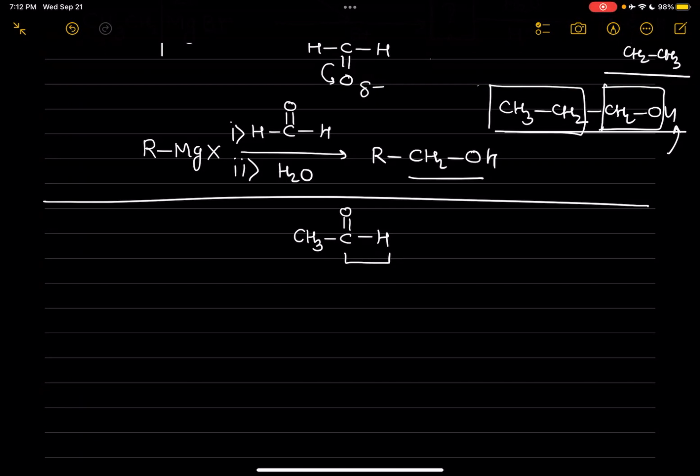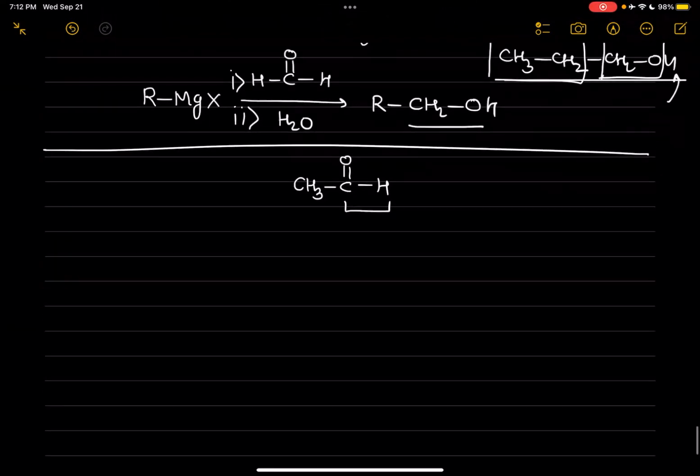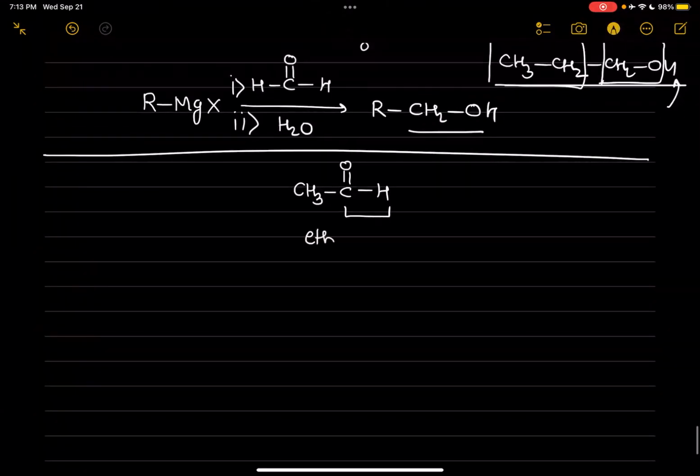The first aldehyde we took had H on both sides. The next one has H on one side, and on the other side you have an alkyl group. But at least you should keep one H connected to the C=O; that is an aldehyde. So this is a 2 carbon atom aldehyde, and this is ethanal. Is it clear?